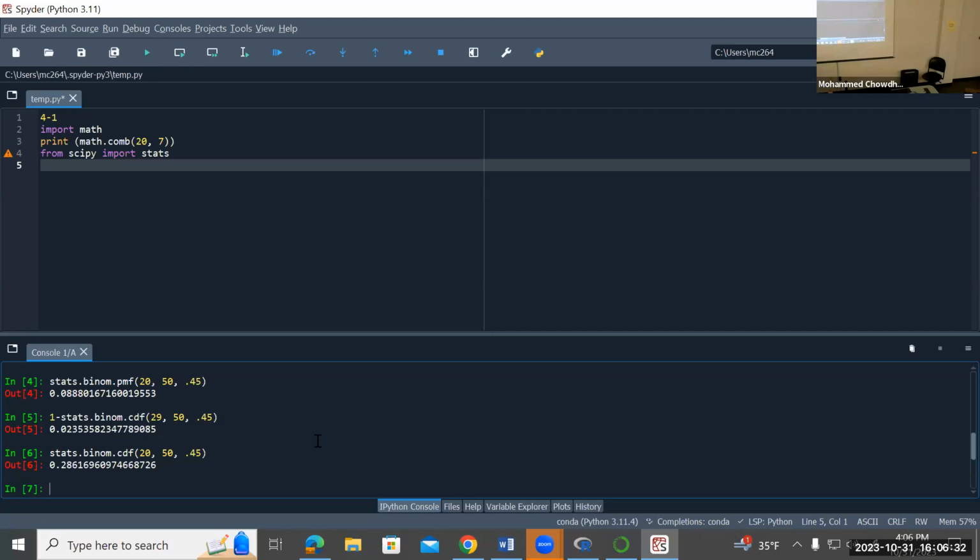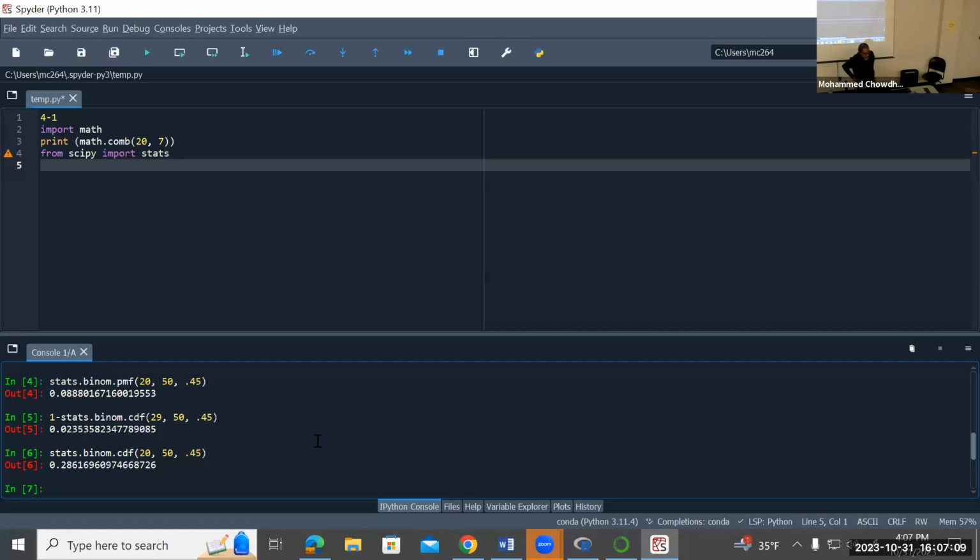In your exam time, how do you know a problem is a binomial problem, and how to use 1 minus stats.binom.cdf, or just stats.binom.cdf, or stats.binom.pmf? These are the three formulas you have to use to solve problems in your exam. Clear, right? Before that, you have to install, line number 4, from scipy import stats.